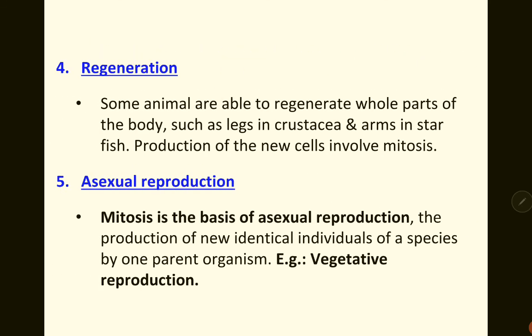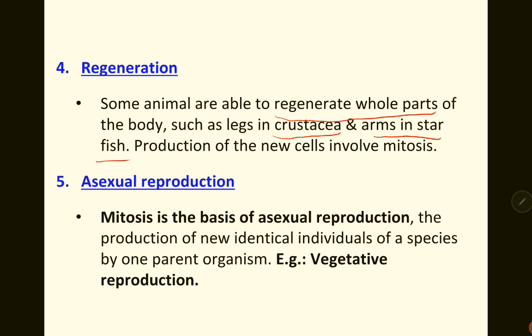Number 4 is regeneration, where some animals are able to regenerate whole parts of the body, for example the legs in crustaceans and arms in starfish. Production of the new cells involves mitosis. Number 5 is asexual reproduction.